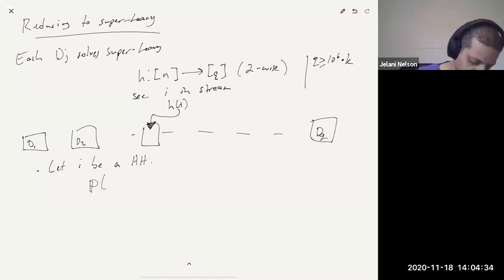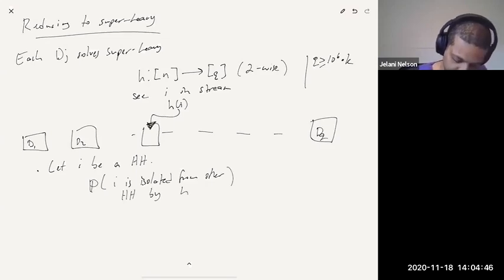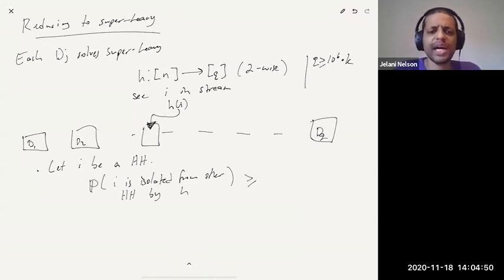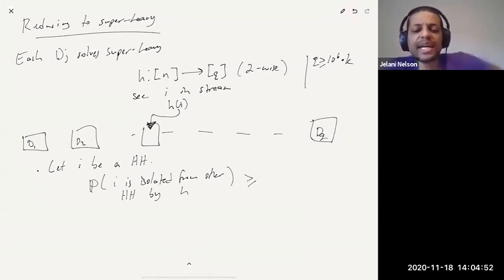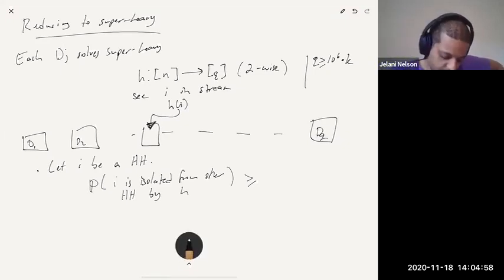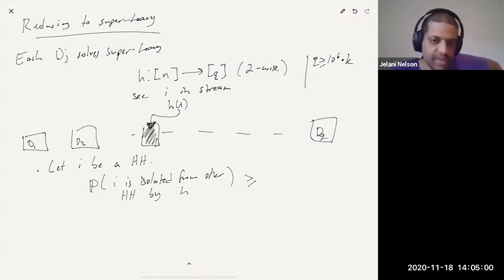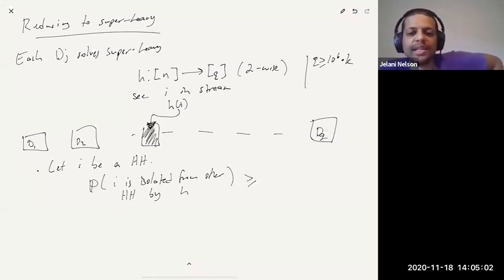The probability that i is isolated from other heavy hitters by H, I claim, is actually quite high, right? Because what is the expected number of other heavy hitters that collide with i under H? If you look in this bucket, how many other heavy hitters landed there?